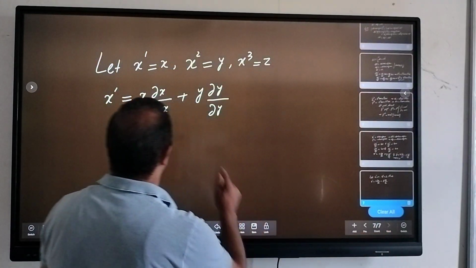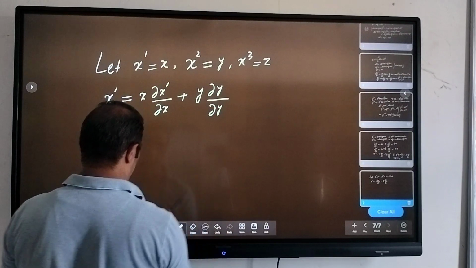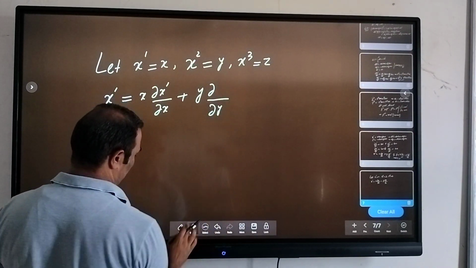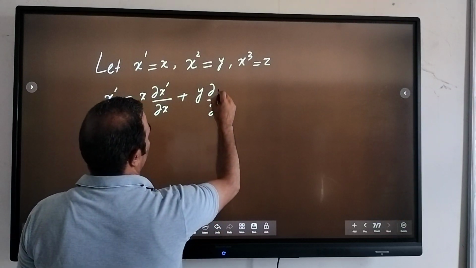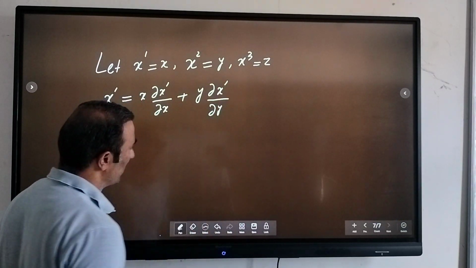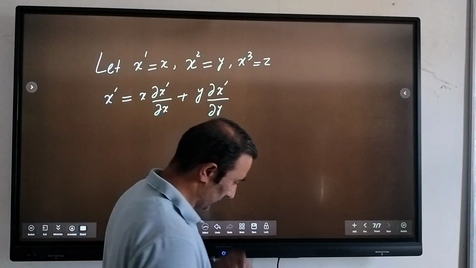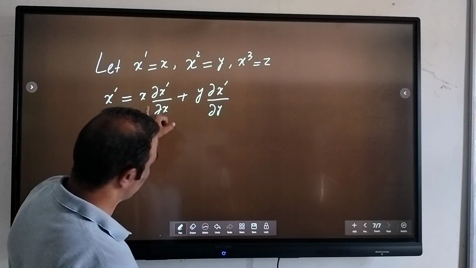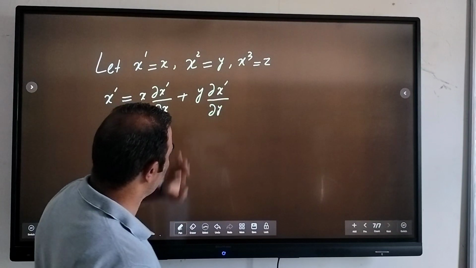Let's check if it is right. Okay, x partial x prime by partial x plus y partial x prime by partial y, that's correct.